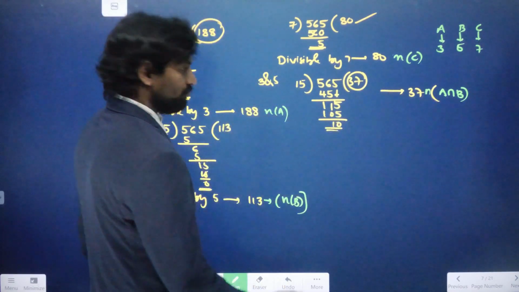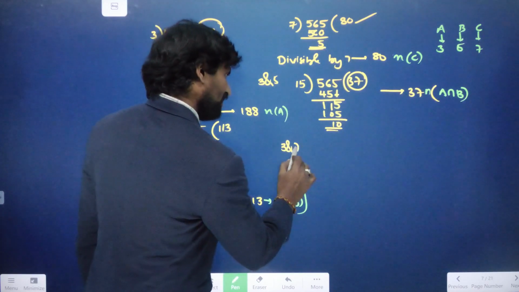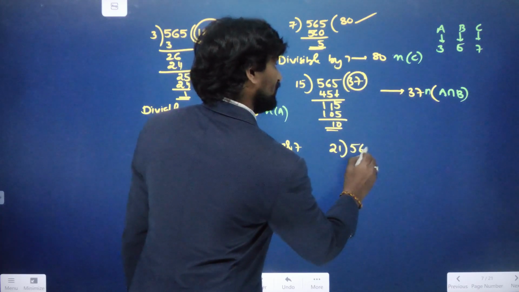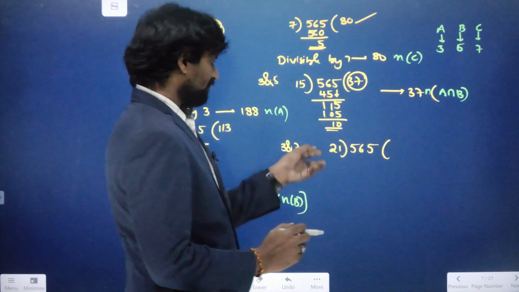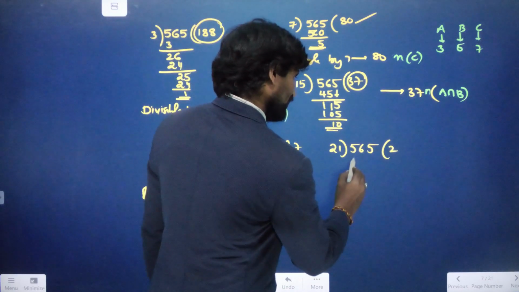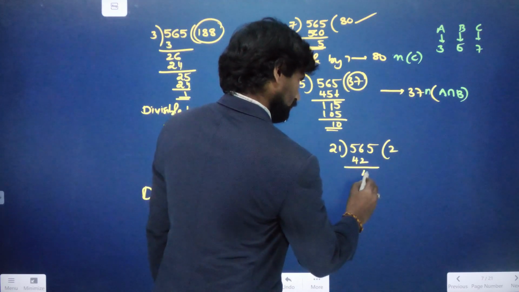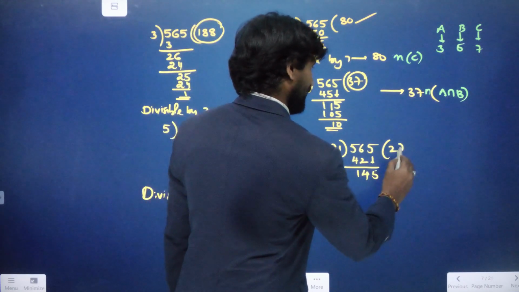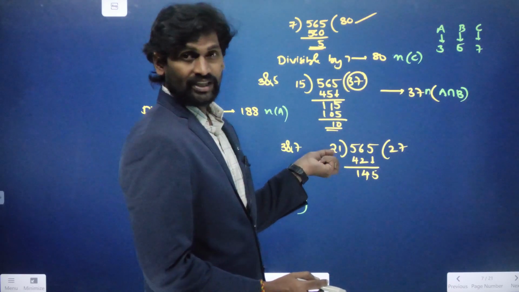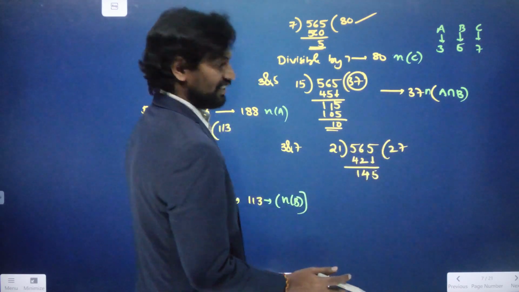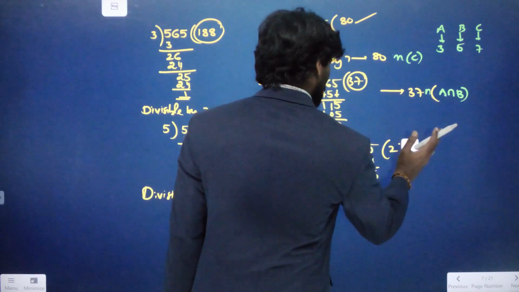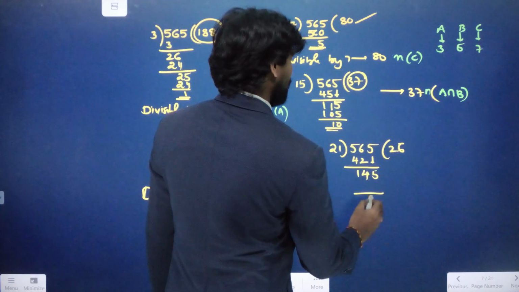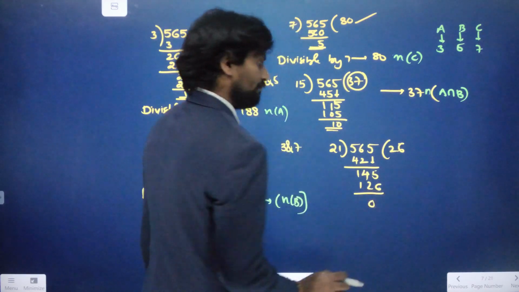Now 3 and 7 combination. So 3 and 7, 3 sevens are 21, right? So let us try to divide 565 with 21. So 21 twos are 42. Here 7 times is getting more, 147, so 6 times, that is 126.